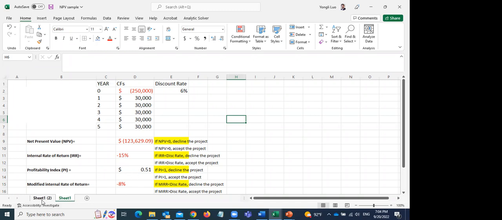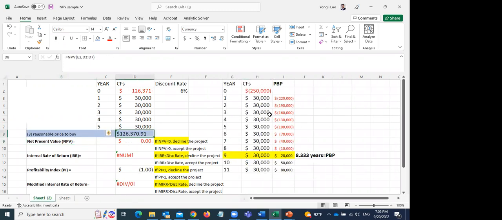You don't need to know all those, like the profitability index, modified rate of return, or internal rate of return. So the project is much easier, simpler, and you only need the net present value and the payback period. That's the only two things that you need to answer.